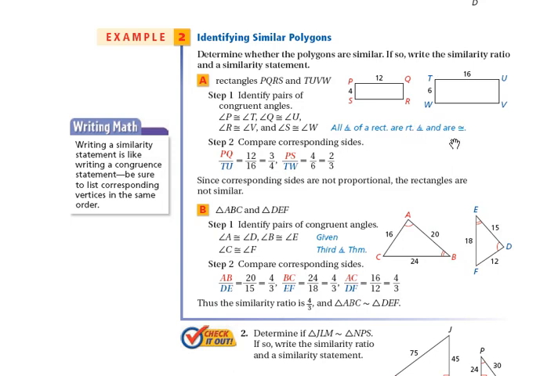So we're talking about these two figures being similar. And then we look at PQ over TU, looking at these sides here, 12/16, reduce the fraction, PS over TW, 4/6, 2/3. Since the corresponding sides are not proportional, the rectangles are not similar.